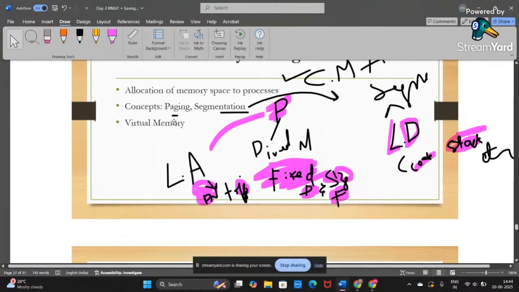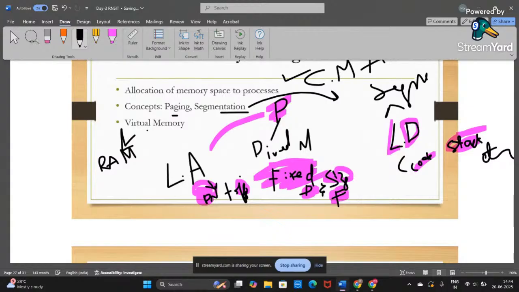Then, what is virtual memory? Virtual memory uses disk as an extended RAM. What is RAM? Random access memory.